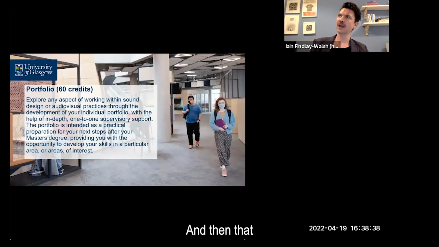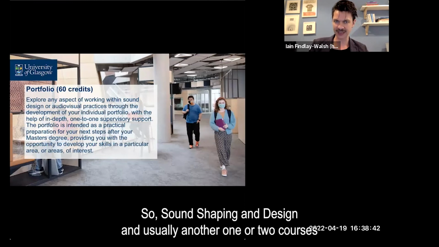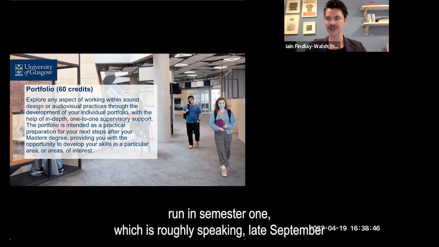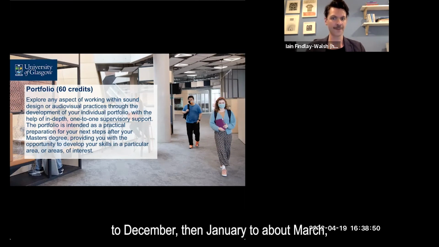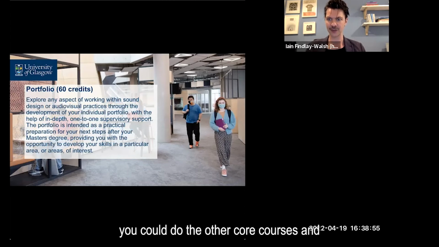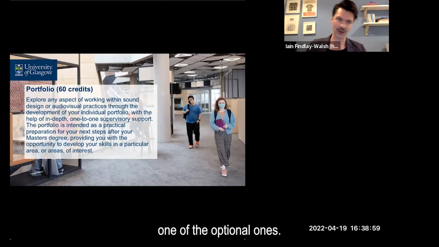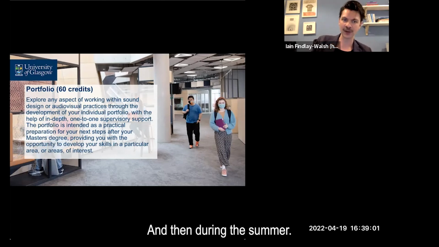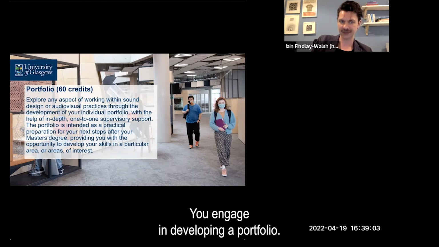And then that really takes in the first 2 semesters, so sound shaping and design, and usually another 1 or 2 courses run in semester 1, which is roughly speaking late September to December. Then January to about March, you do the other core courses and one of the optional ones, and then during the summer you engage in developing a portfolio.